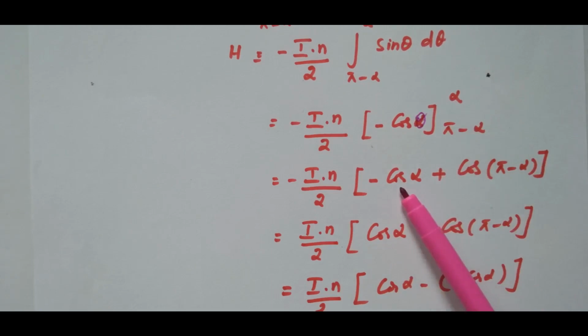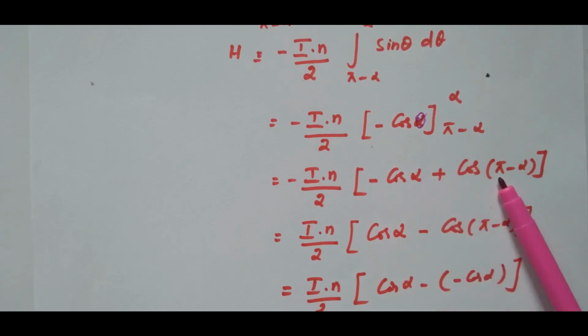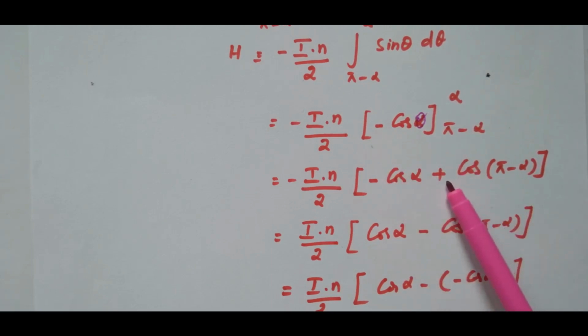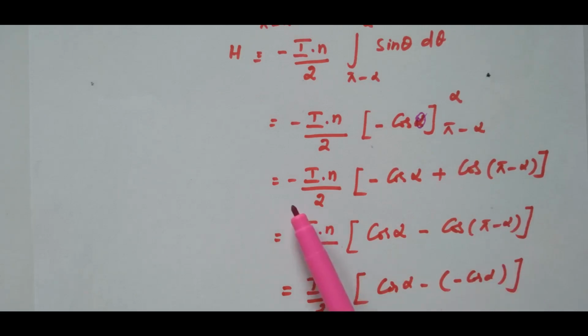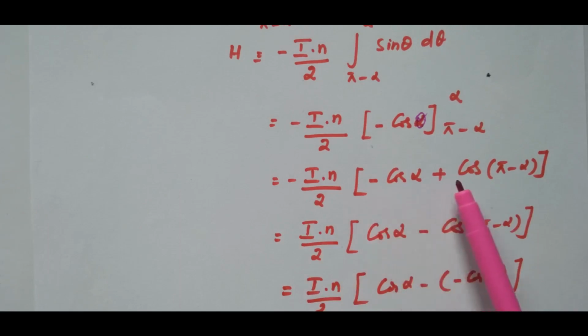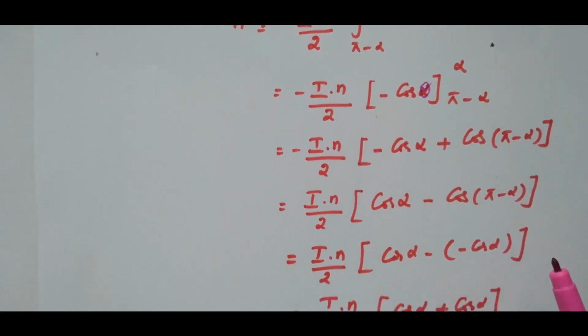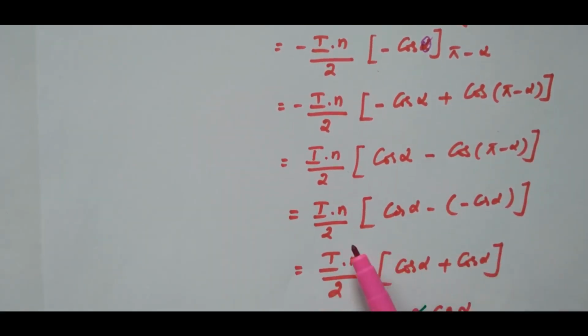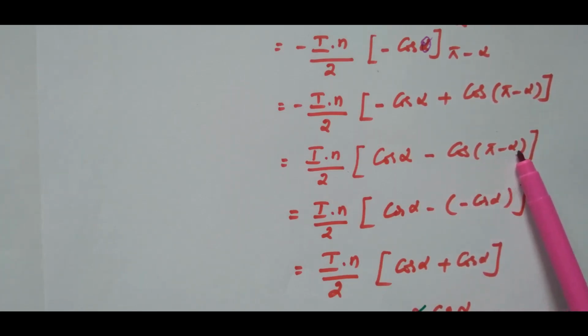So the upper limit is substituted and the lower limit also substituted. Already one negative is available outside, so multiplying inside, it becomes I n divided by 2 into cos alpha minus cos of pi minus alpha. Cos of pi minus alpha can be written as minus cos alpha.